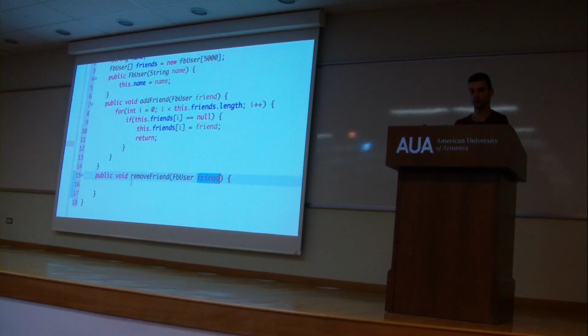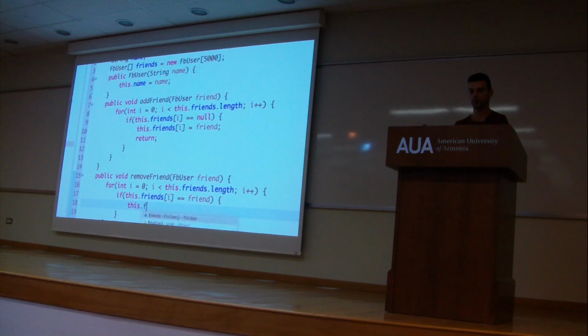So the same exact for loop. And then, if these friends are equal to friend, jump. Good.